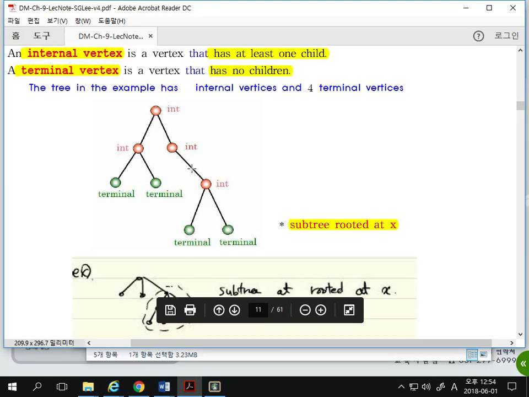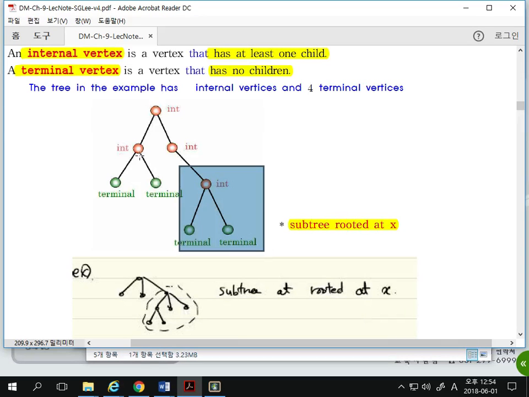And this part is called a subtree of this whole tree, rooted at this vertex.